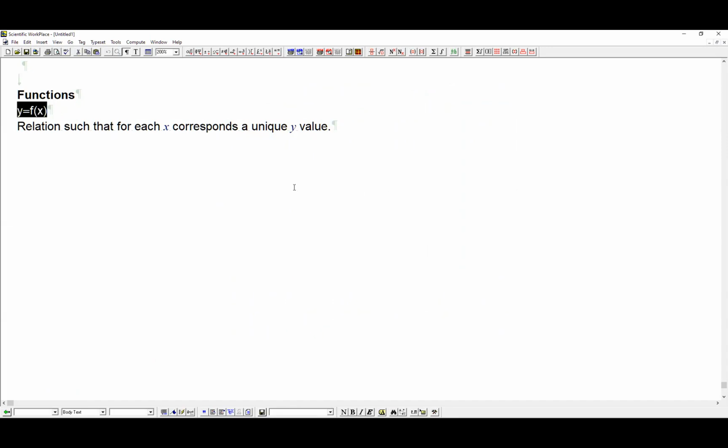And we can write it this way, or sometimes we say it's f such that x is mapped onto y. So in that case, we would say it's a mapping, and y is the map.